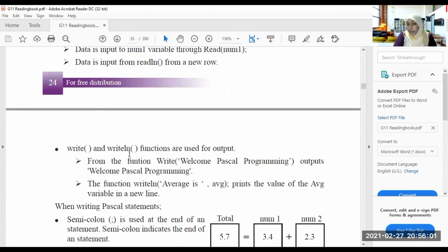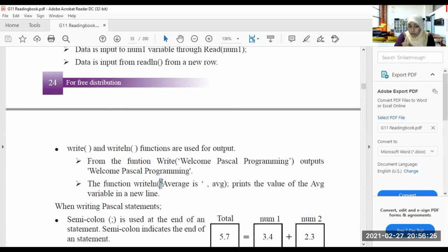Write and writeln functions are used for output. From the function write within bracket, within single quotation, 'welcome Pascal programming' outputs, welcome Pascal programming. So it will show us welcome Pascal programming. The function writeln, 'average is', average.